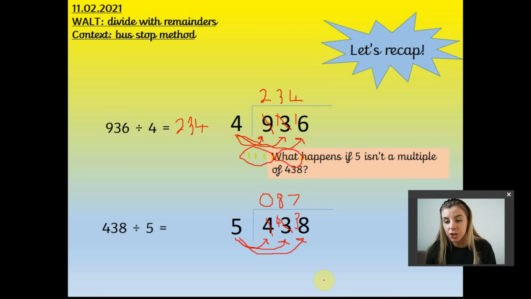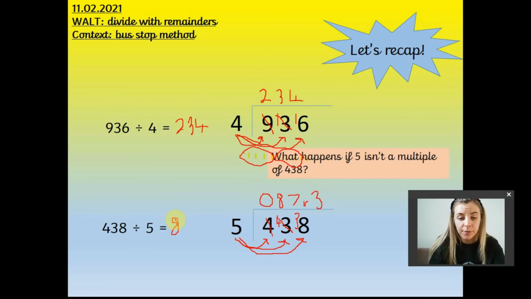I've managed to get to 35, but I needed to get to 38. So 35, 36, 37, 38. I have a remainder of 3 left over. So I put a little R here, and I put remainder 3. So 438 divided by 5 is 87 remainder 3. Okay?